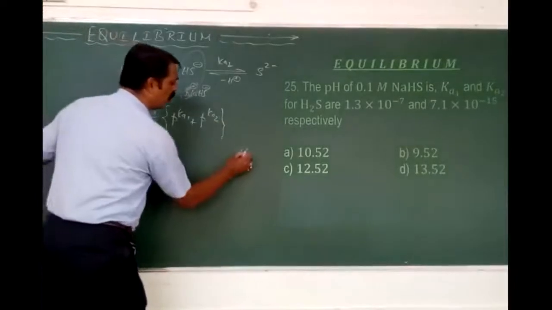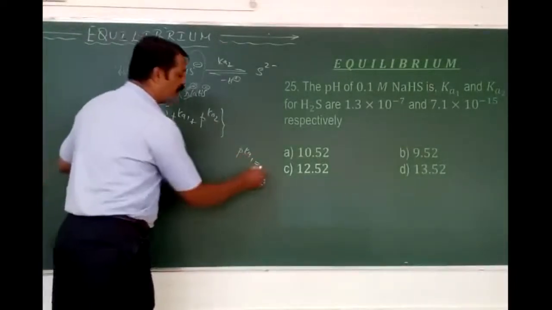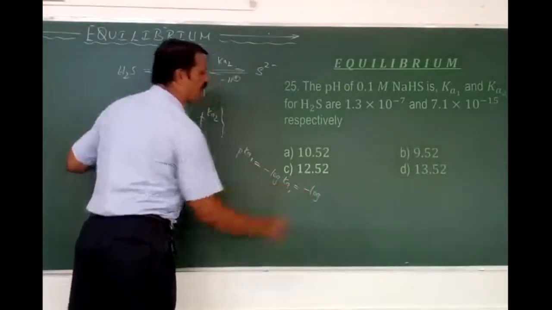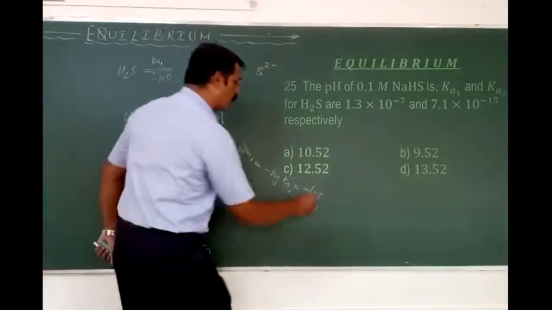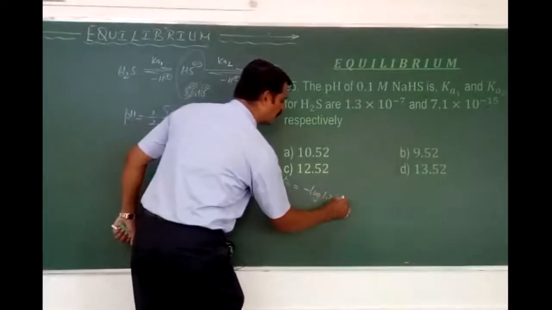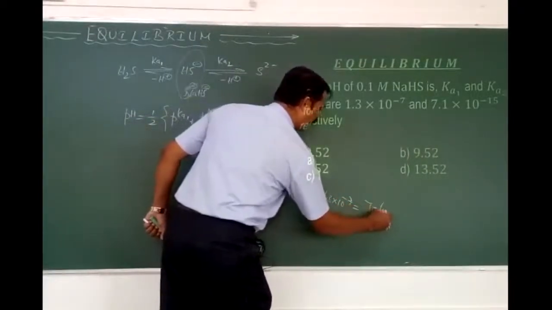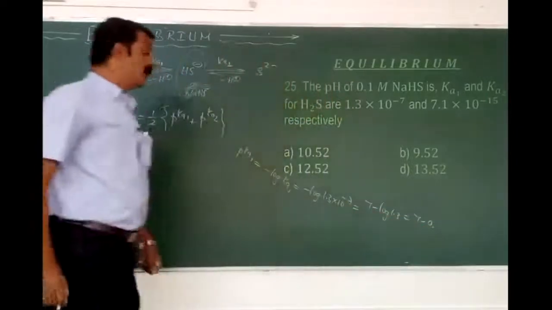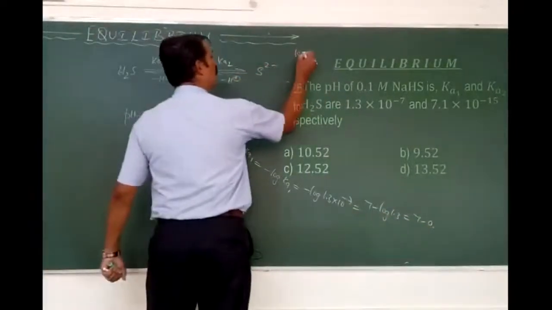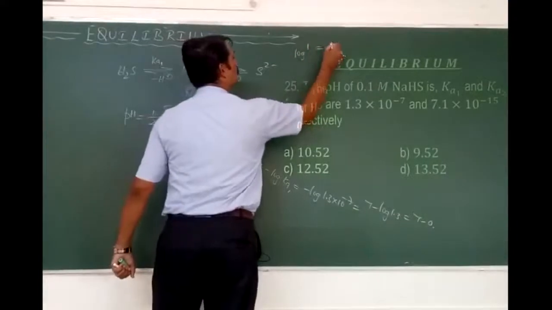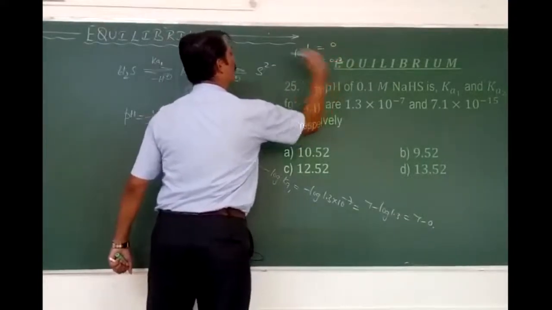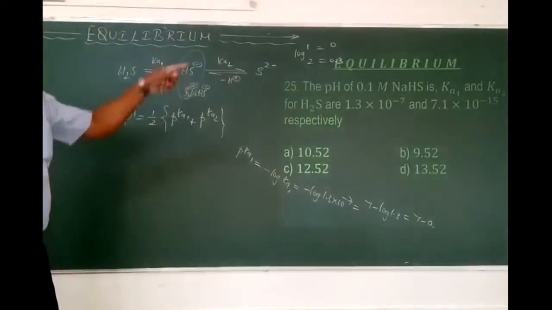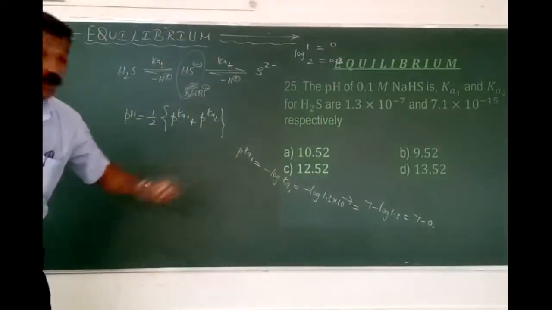So let us find pKa1 first. It is negative log of Ka1, which is negative log of 1.3 times 10 to the power of minus 7, equal to 7 minus log 1.3. We know log 1 is 0 and log 2 is 0.3, but we need the value of log 1.3.